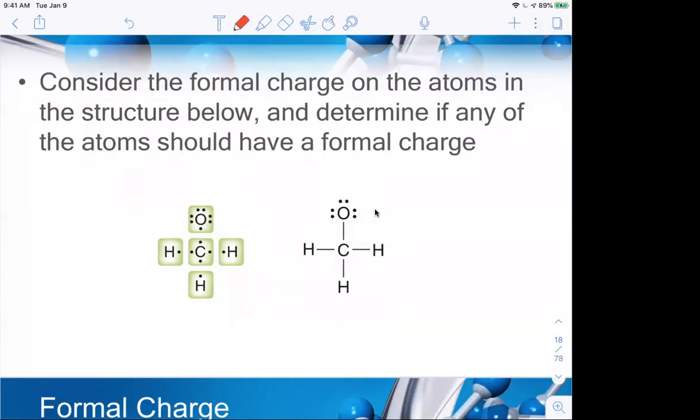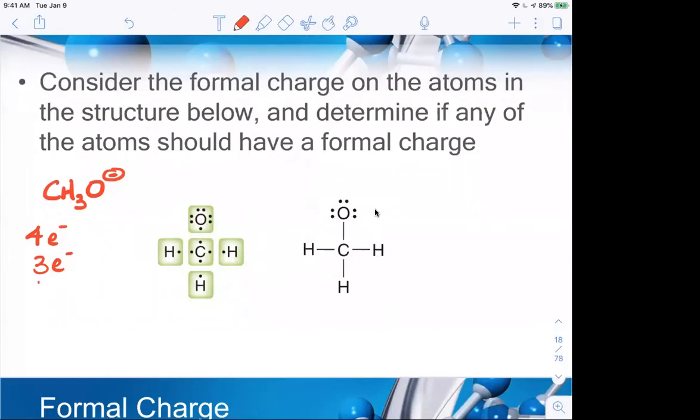This is actually going to be CH3O minus. So what I have is 4 valence electrons from carbon. I have 3 electrons from the hydrogens.